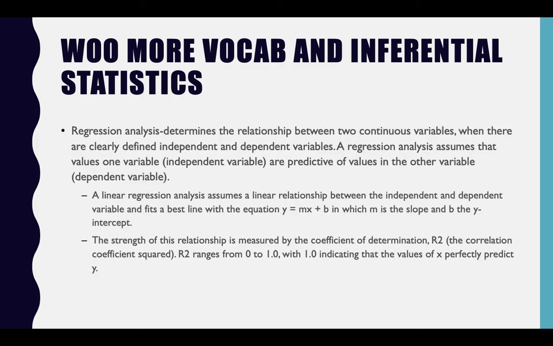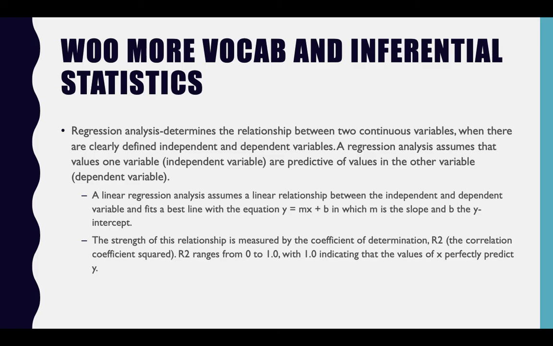Then we have a regression analysis, which determines the relationship between two continuous variables when there are clearly defined independent and dependent variables. It assumes that the values of one variable, the independent variable, are predictive of values in the other variable, which is the dependent variable. And this is like the stuff we did in, what was it, our first or second lab. A linear regression analysis assumes a linear relationship between the independent and dependent variable and fits a best line with y equals mx plus b.